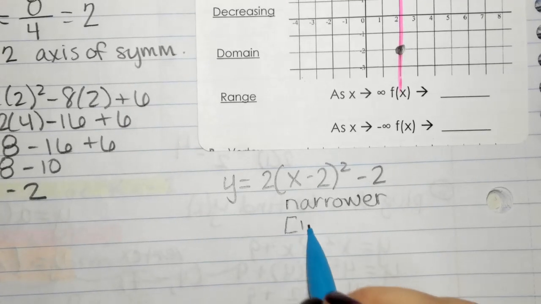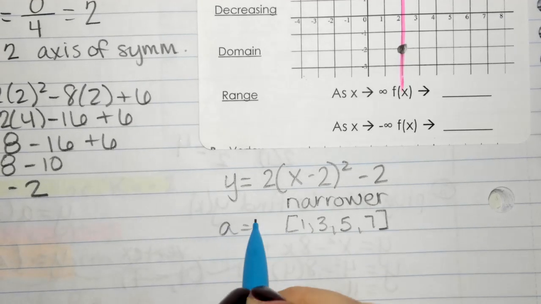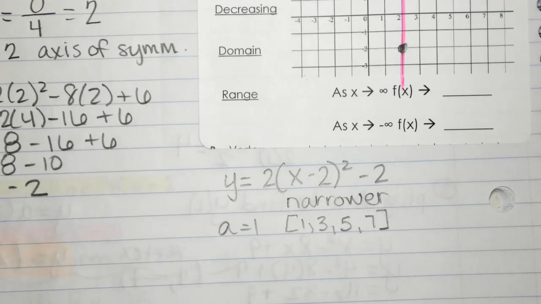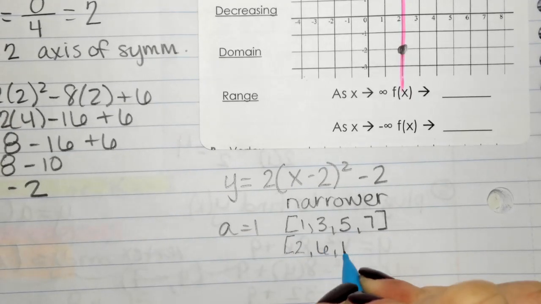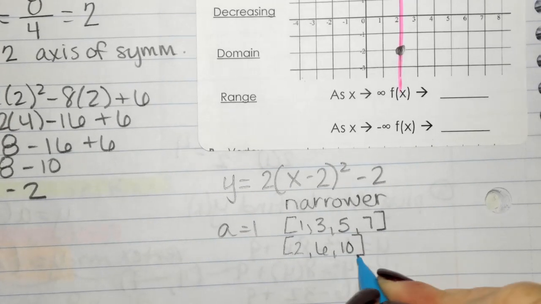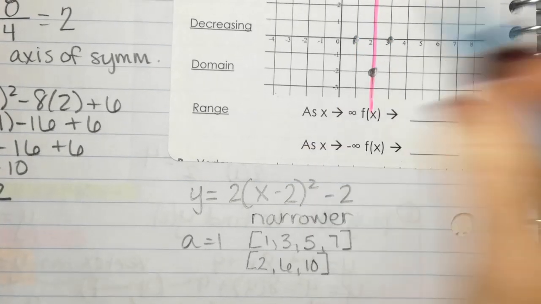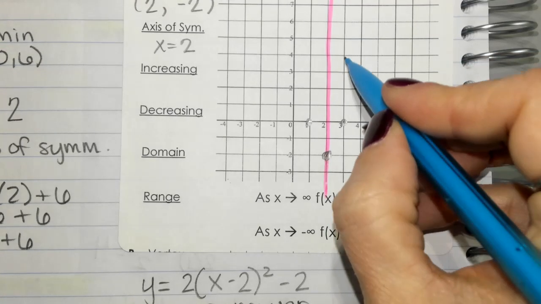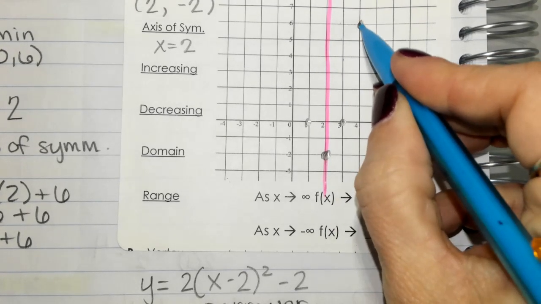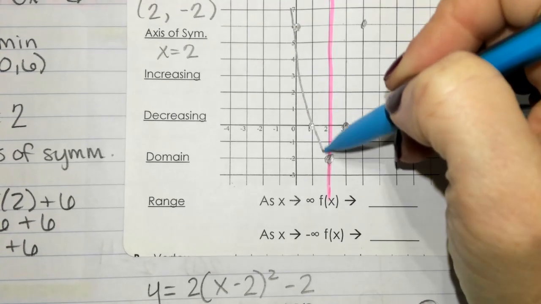So our pattern we learned last time, 1, 3, 5, 7, when a equals 1, our a does not equal 1, our a equals 2, so it's now going to be 2, 6, 10, and I can finish graphing. I'm going to go up 2, over 1. And I'm going to go up 6. And now I can sketch it.